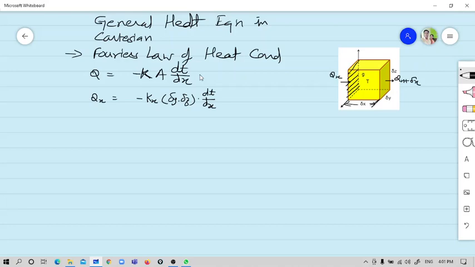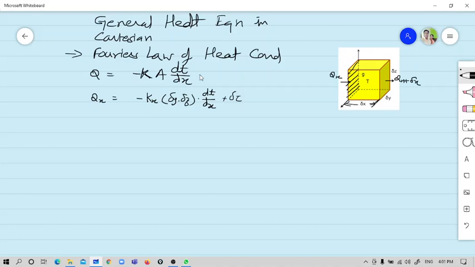Right now the units of this qx are watts, isn't it? So q is the rate of heat transfer. If I multiply this by delta tau, then this qx is not the rate of heat transfer, but it is the energy which is transferred in time delta tau.